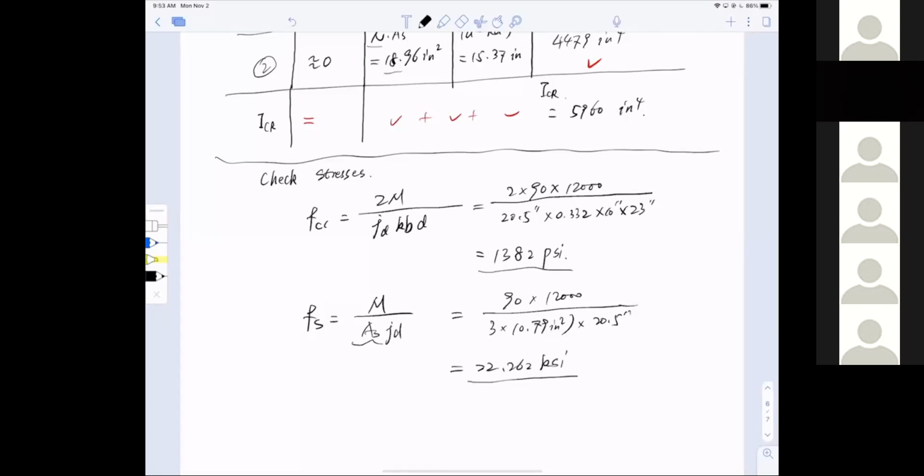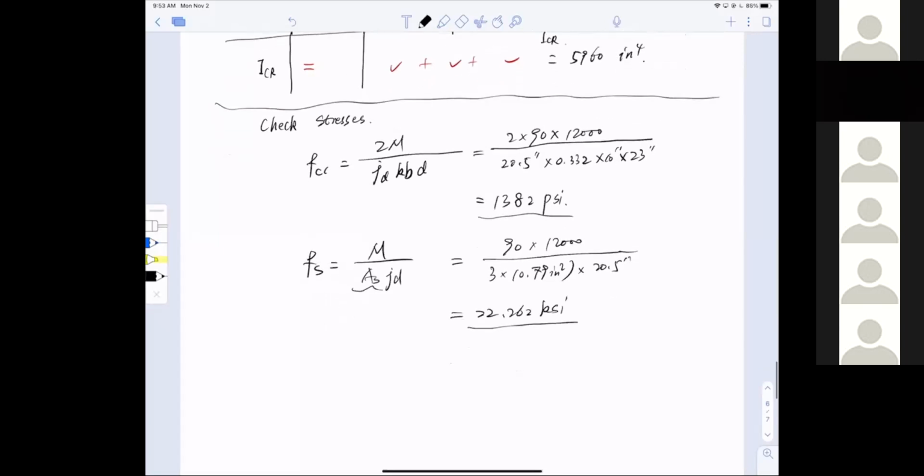Okay, this is very big. So now I'm done. Note that this is much bigger than the modulus of rupture, which is 475 psi. Cool, so indeed cracked, correct. But this is lower than 60 ksi of fy, so I'm okay. Not yielded, fine.